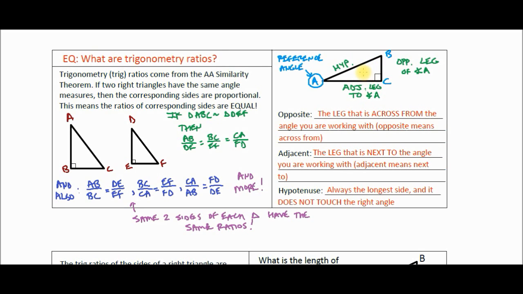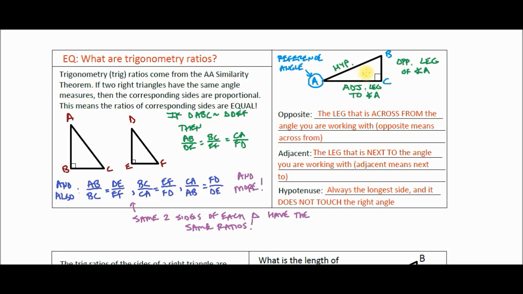Now, one quick thing, and I'm not going to label this, but take a look. If angle B was your reference angle, the hypotenuse is still AB. That doesn't change. But now, if you look at reference angle B, AC is now the opposite leg to angle B, and BC is the adjacent leg to angle B. So, based on your reference angle, these two names, opposite and adjacent, they will flip positions.